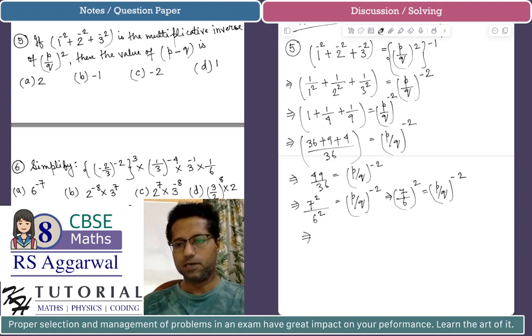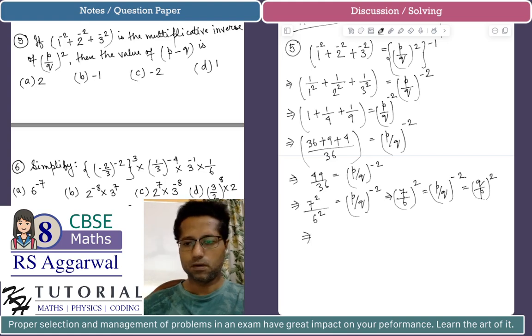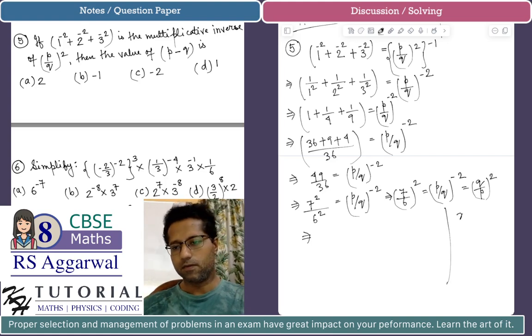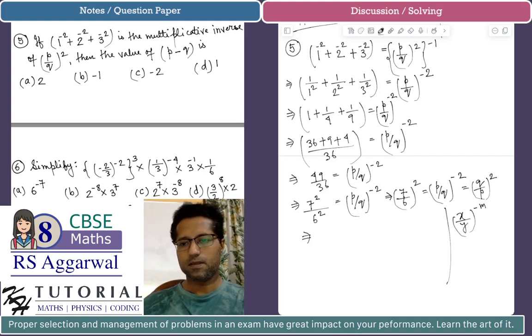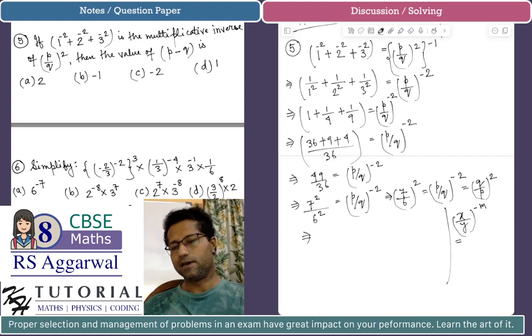So p by q, it is raised to the power minus 2. I can write it as q by p raised to the power 2. How come? X by y raised to the power minus m can be written as, I can make the power positive with the same value.